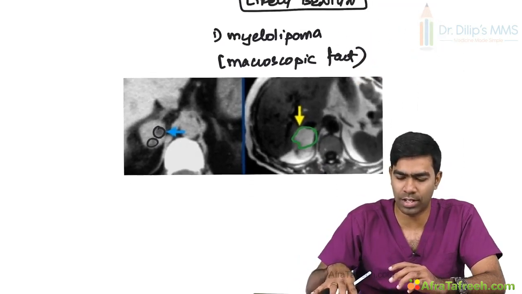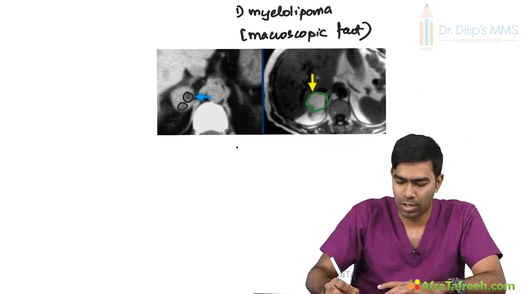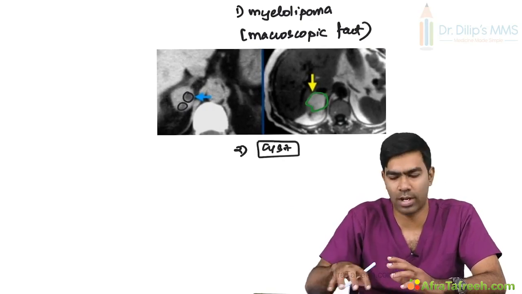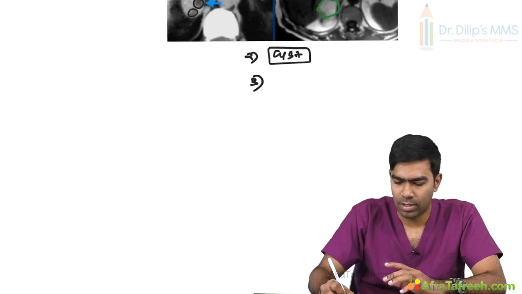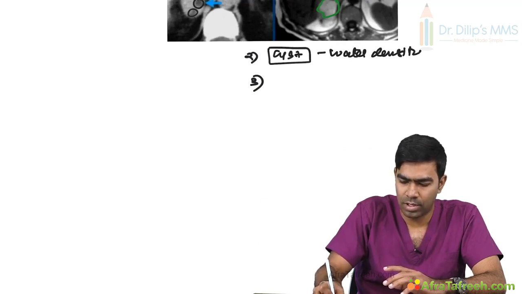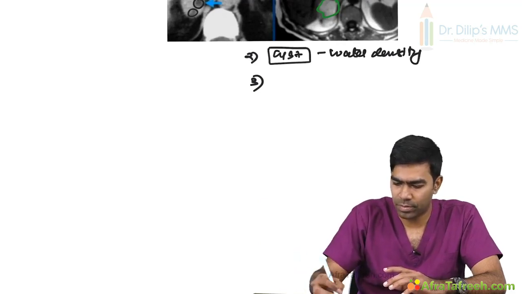So this clearly tells you it's likely to be a myelolipoma, or it could be a cyst which is very commonly going to have a water density, which means it will have a very low Hounsfield unit, or it could be a benign calcification.